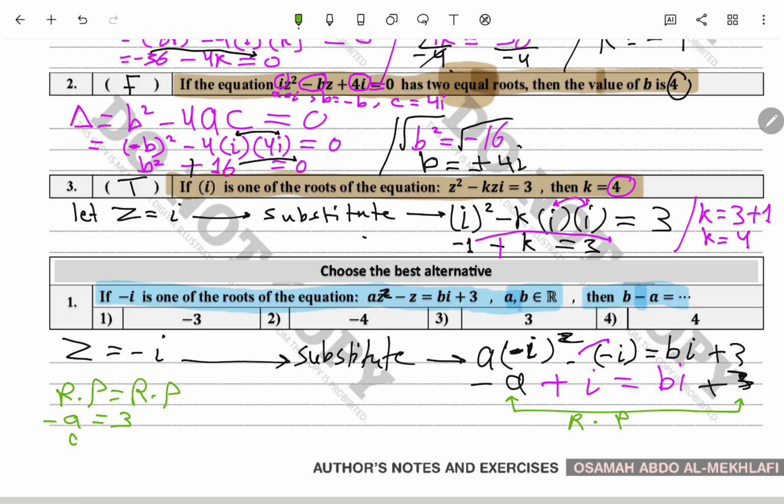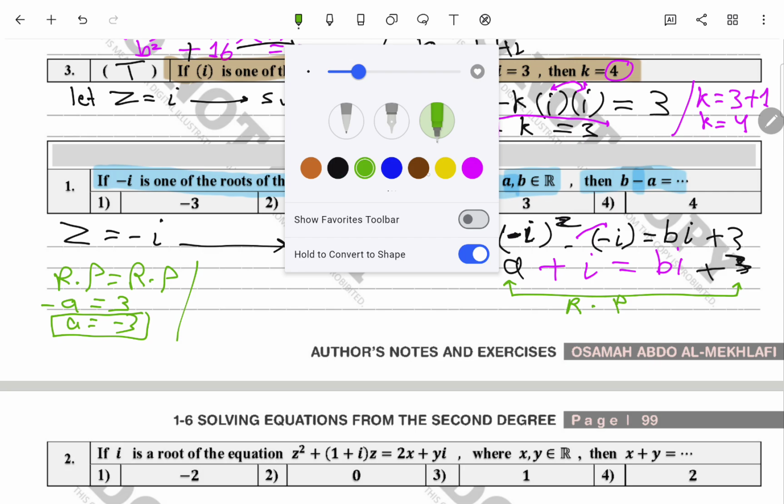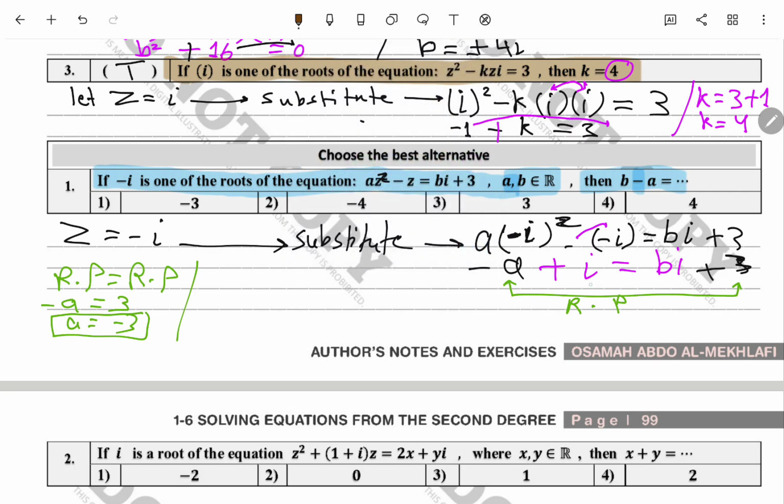Divide both sides by negative, you can get a equals negative 3, and this is the value of a. Now if you equate imaginary with imaginary, you can equate i with bi, and that means the imaginary part equals the imaginary part. You can have 1 equal to b, which is the coefficient of the i.